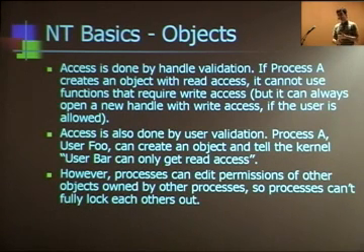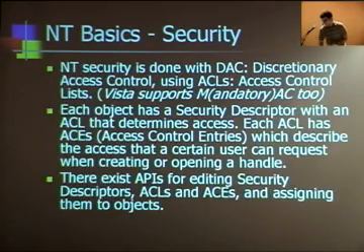It's also done by user validation. I can create a file and say, the administrator has write access, but Joe and Mary only have read access. And the actual security is done with a model called DAC, Discretionary Access Control, using things called ACLs, which are access control lists.